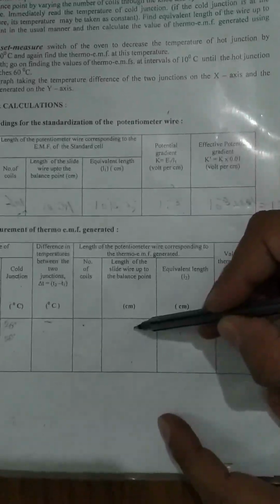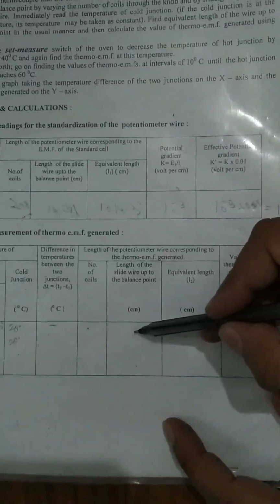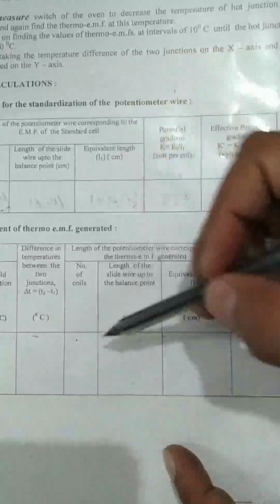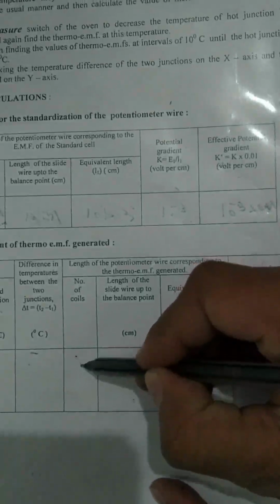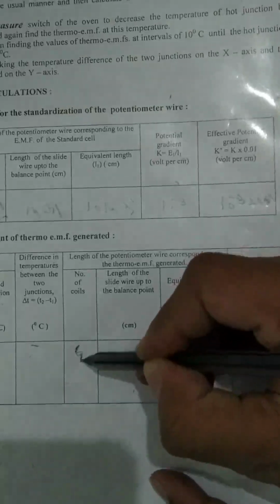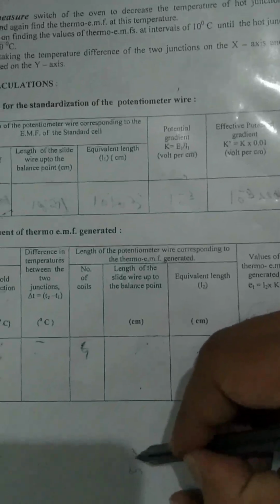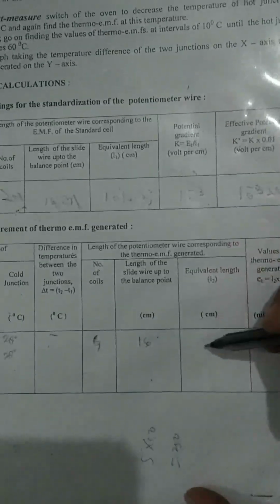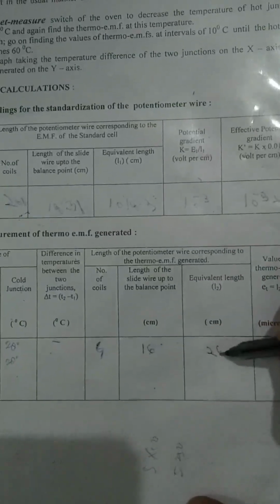Then you have to set the jockey on the potentiometer wire and find the ultimate length, and then you will add. For example, here the number 5 is coming. 5 means 5 into 50, it becomes 250, and then your length is coming over here 16. Okay, and 250 plus 16 becomes 266 centimeter.